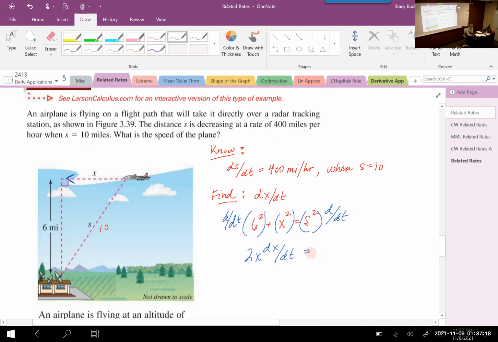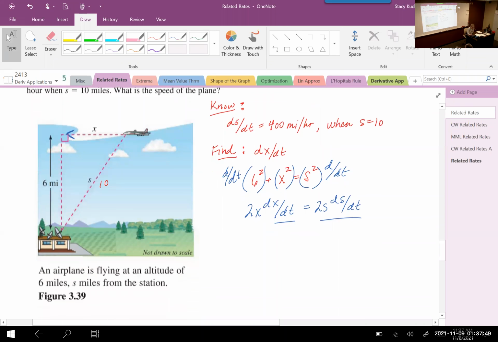And that would be equal to the hypotenuse, which would again be 2s ds dt. We are looking for dx dt, and we know everything on the right-hand side, right? We know what ds dt is when s is equal to 10. So I'm missing some information about x, right?